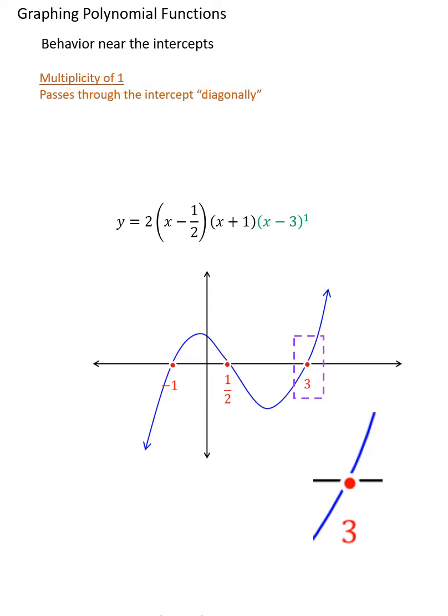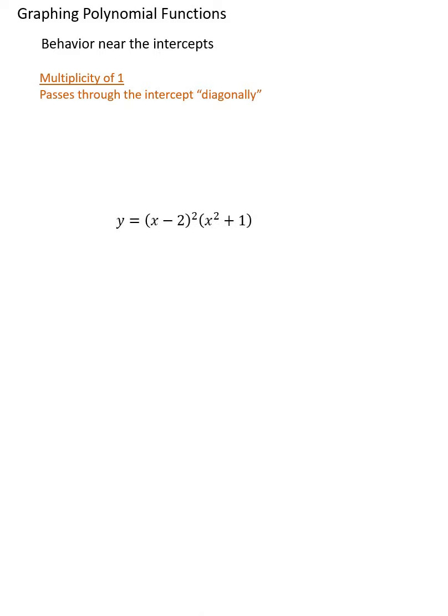There is a slight curvature to it, but for all intents and purposes, when we're very near the intercept, the graph is almost a diagonal line. So if we have a multiplicity of 1, we're going to pass through the intercept in a diagonal fashion.